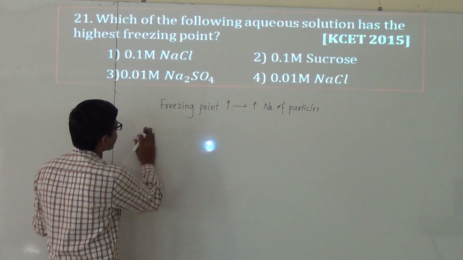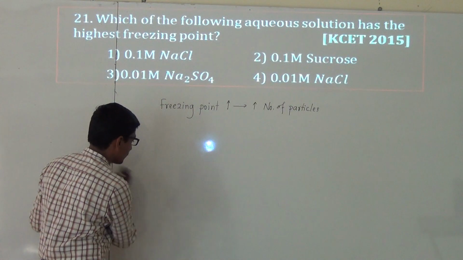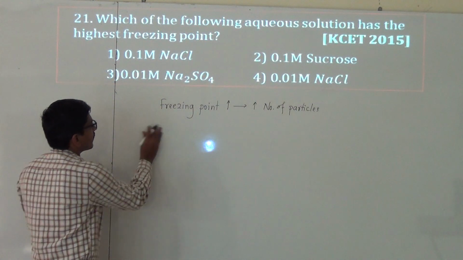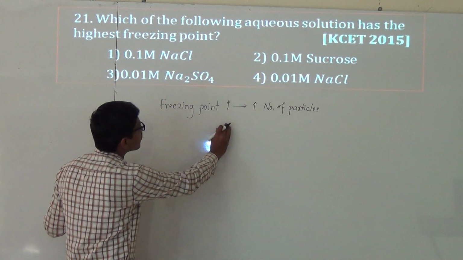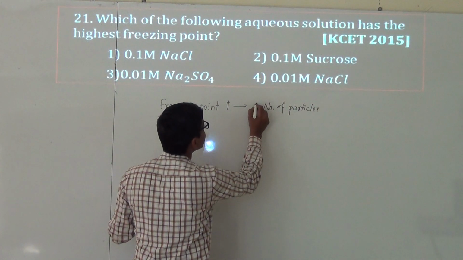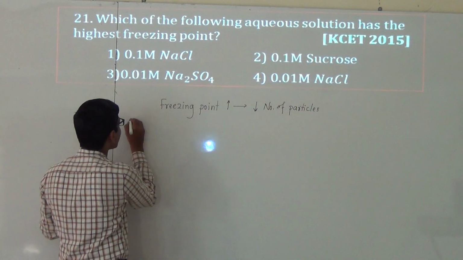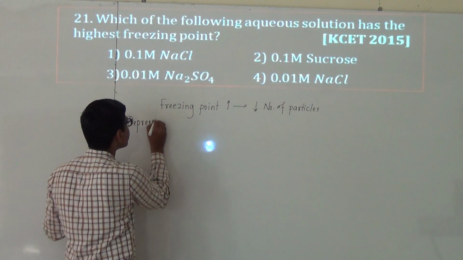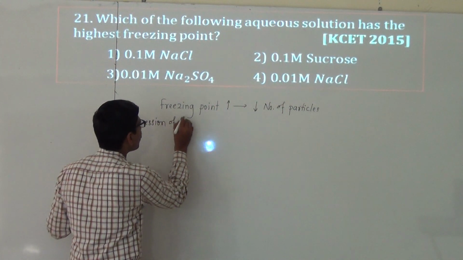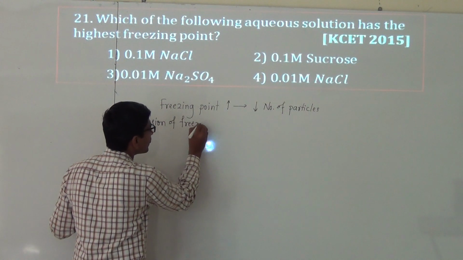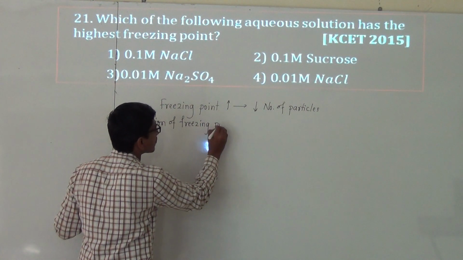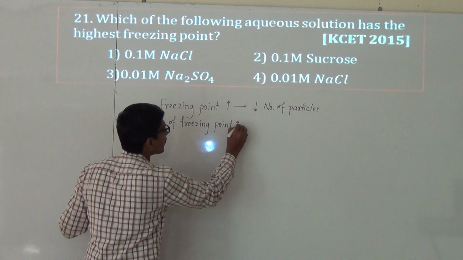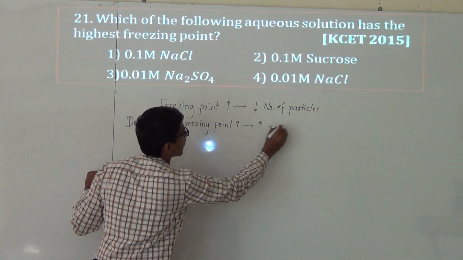Here, freezing point increases with decreasing number of particles, and depression of freezing point increases with an increase in the number of particles.